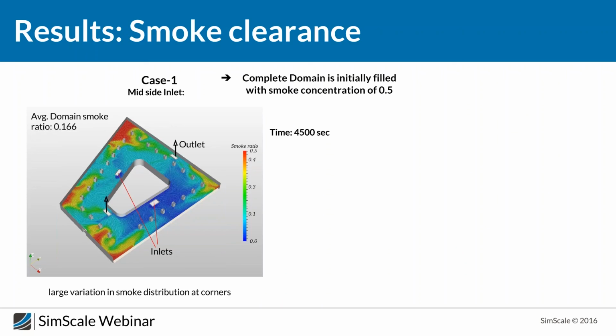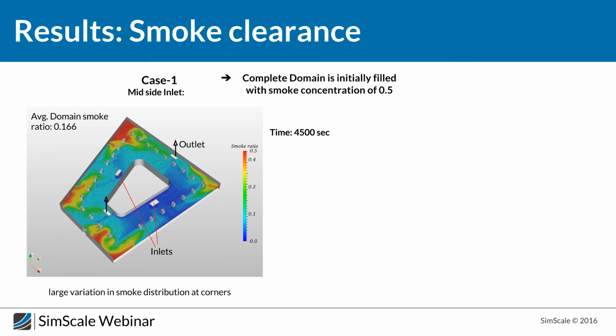Now let's move forward to the second scenario. We had smoke clearance. You want to see how this one works. So in case 1, as I said, we initially fill the domain with a concentration of 0.5 of smoke, and we run the case to see how the smoke is being removed from the domain. This is after 4,500 seconds. As you see, we have maybe a mix of both air and smoke.